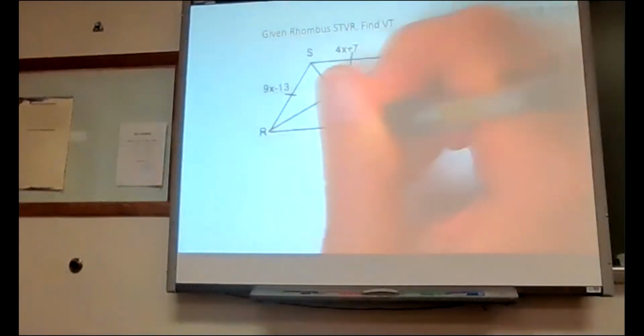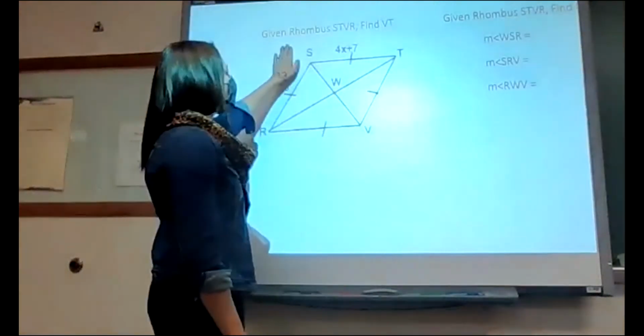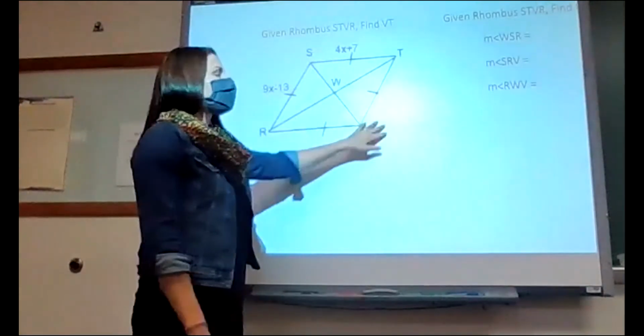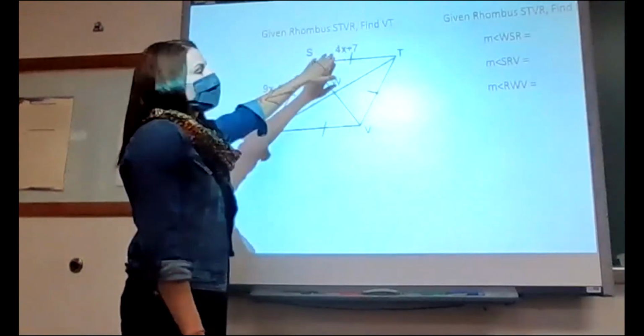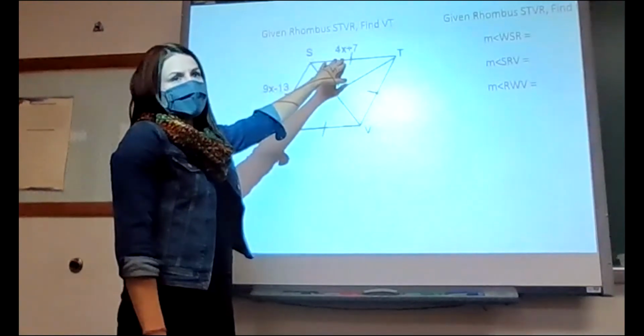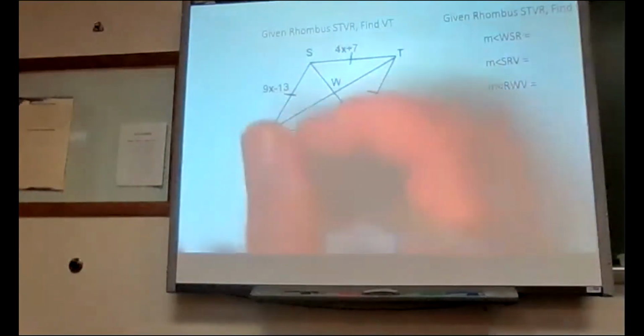So all of the four outer sides, it's like a square, but it's not necessarily 90-degree angles, where all four sides are the same. So here it gives me two sides and they're not the opposite sides, but when it's a rhombus, it doesn't matter. All of these four side lengths are the same measurement. So I can find X by setting these two sides equal to each other because all four sides are the same length. So I've got to start there.